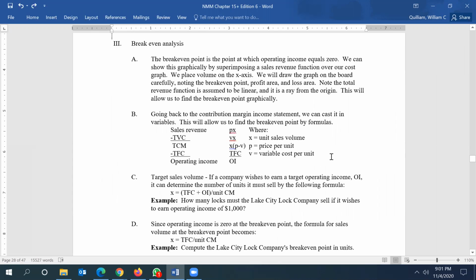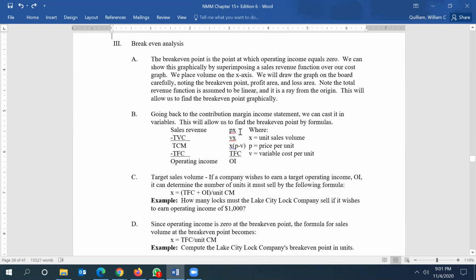Back to the outline, if we look at B. Going back to the contribution margin income statement, we can cast it into variables. This will look familiar, and this will allow us to find the break-even point by formulas.